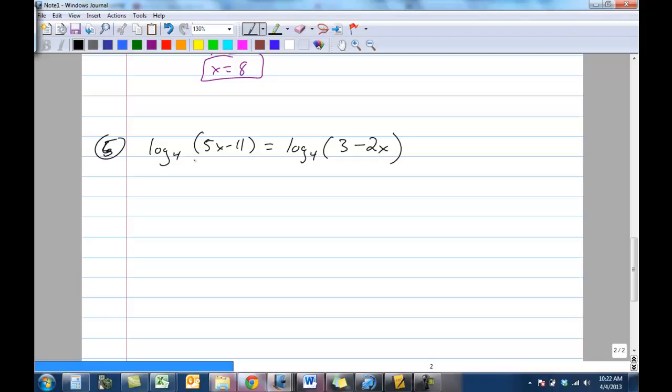This is kind of like that first one, right? Log of this is equal to log of that. It makes sense that this is equal to that. Or think of it this way. If this is log base 4, how do you unlog base 4? Base 4 both sides, right? So 4 raised to the log base 4 cancels. You're left with 5x minus 11 equals, that cancels as well, 3 minus 2x.